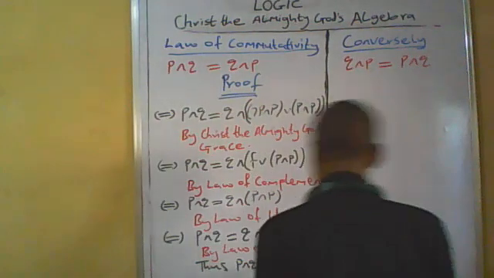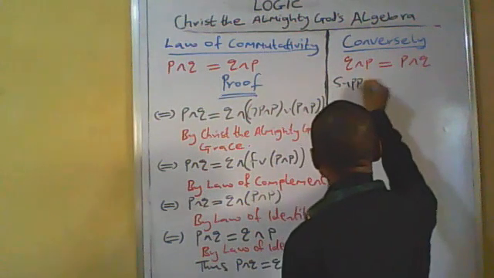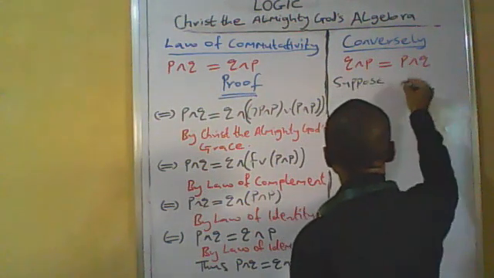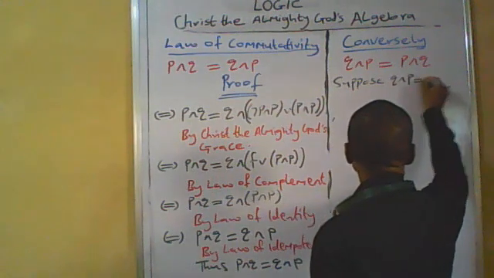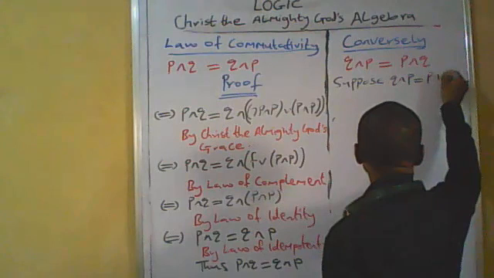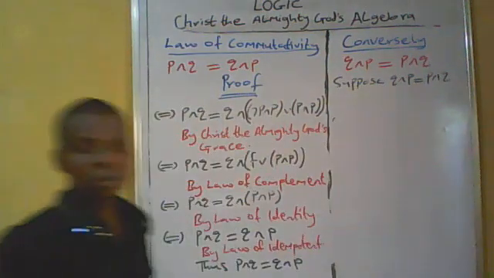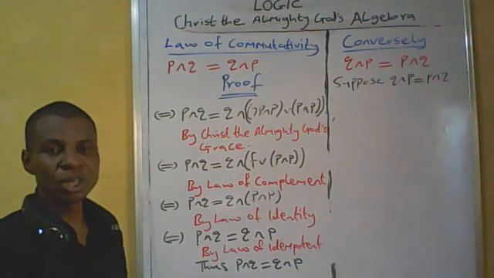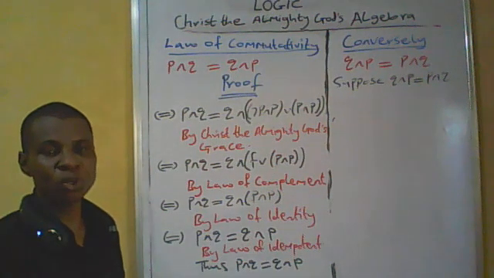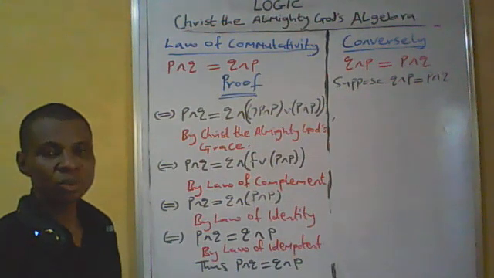We then assume, we say, suppose Q and P is equal to P and Q. We assume the statement is true.